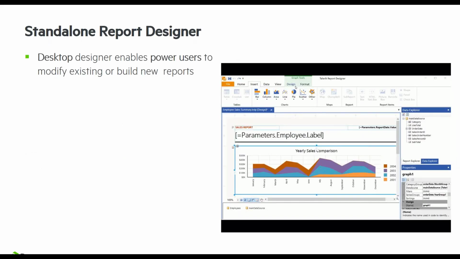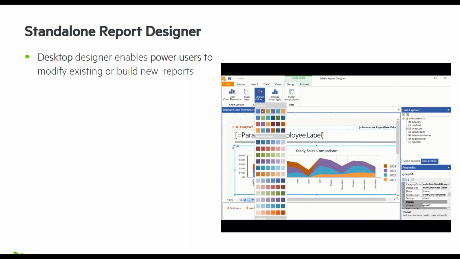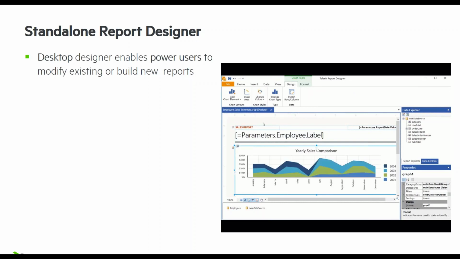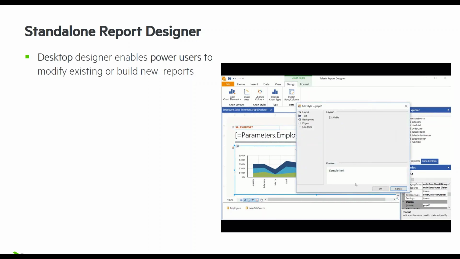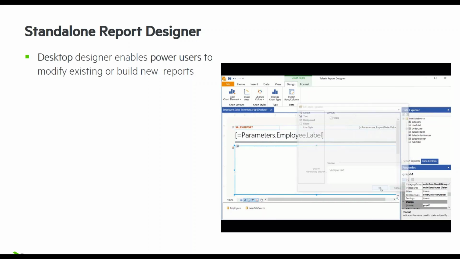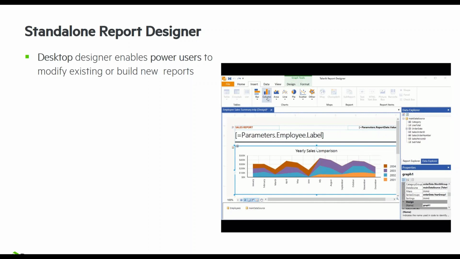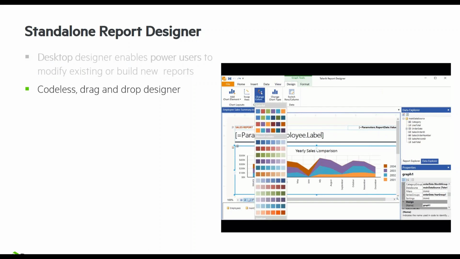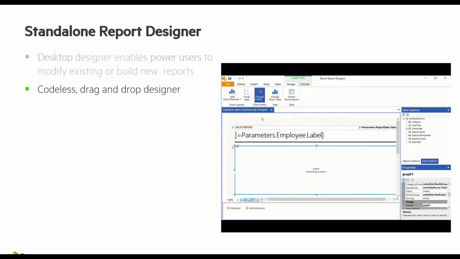Let's talk about this standalone report designer. It's basically a desktop designer that's pulled down to a desktop, and it could be used by your in-house developer, or by a power user that you want to grant the capability to create or edit reports. Basically, it's a codeless drag and drop designer.